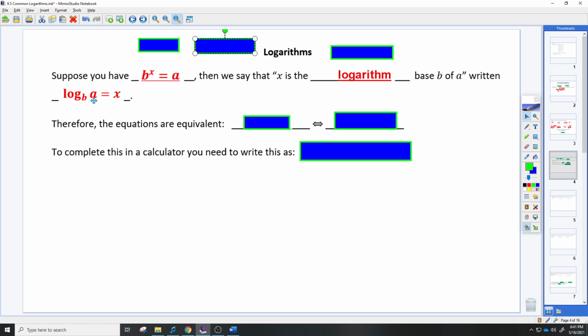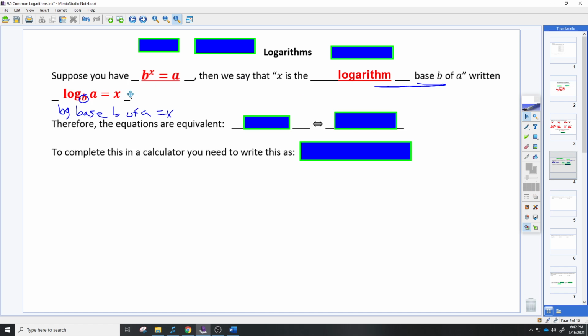So let me go through how you would say this from left to right. This would be log base b of a. Log base b of a equals x. You need to practice writing this correctly: the base is a small number, and a is a bigger number on the same level as log.